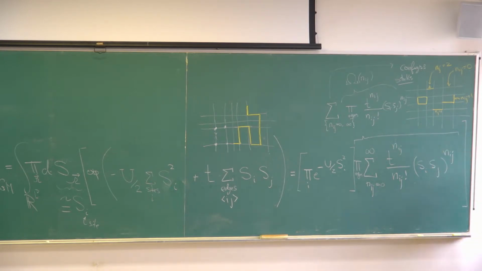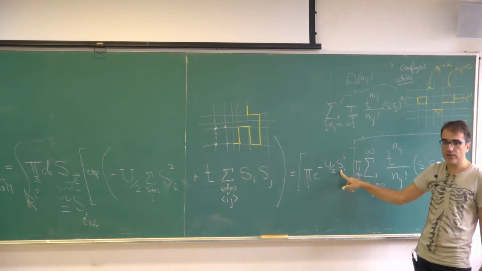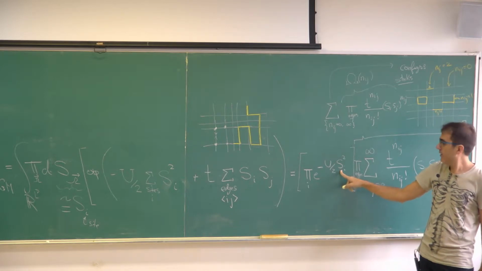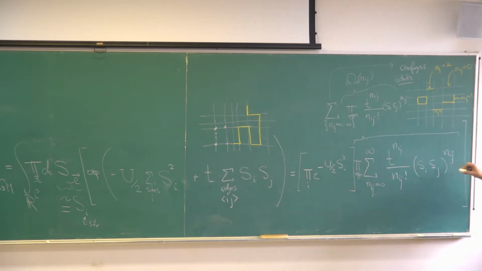Okay, so we have this. And now, for each such configuration like this, I have to do the integration over all the s's. Now, see what happens if I integrate over this s here, on this lattice, this one here.